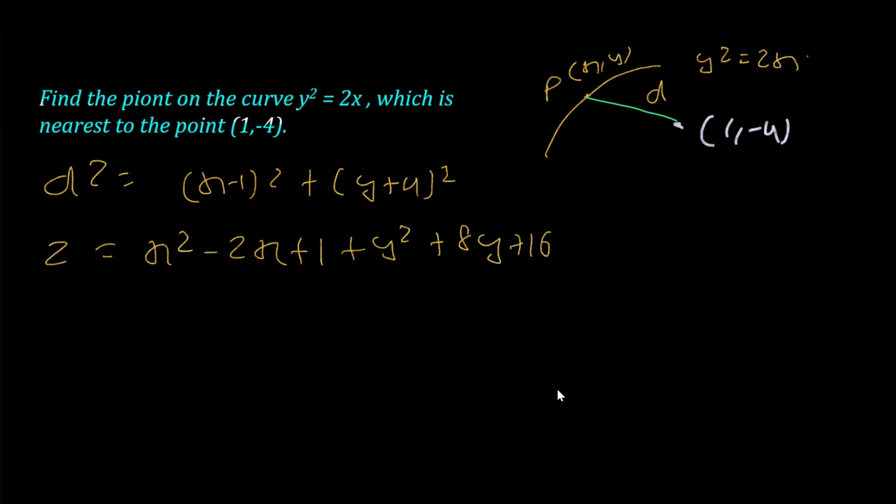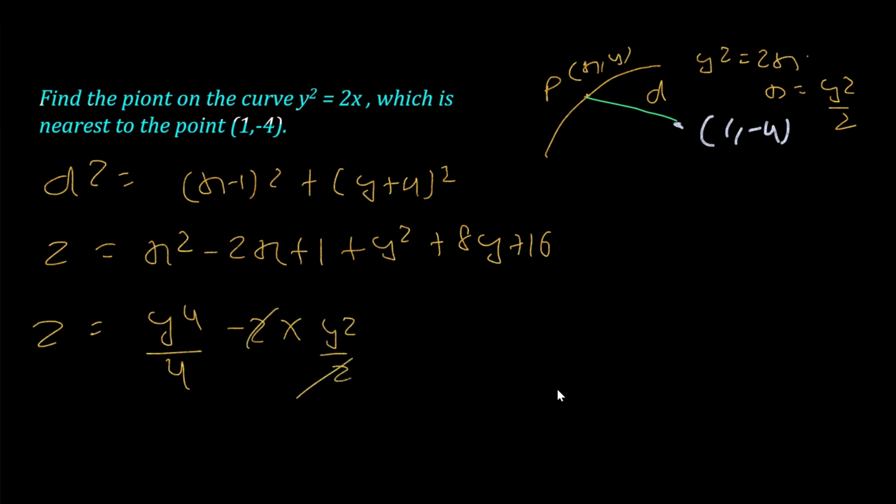Right. And then next we are going to replace x over here, right? X is actually y square by 2. So replacing this x over here, this is x square, so it should be y raised to the power 4, and 2 square is 4, minus 2 times x, and x is what? Y square over 2. This to get cancelled.